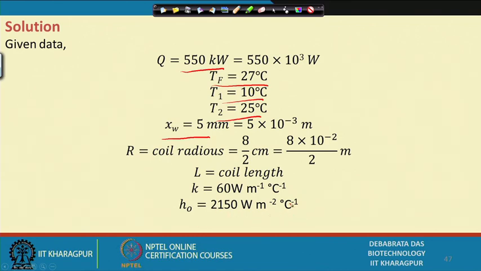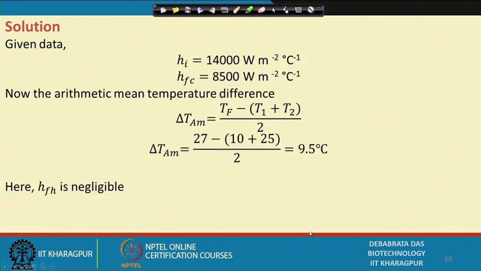So, we converted everything into SI units, and then we find out h_i and h_ic, which are also given in this problem. Though first we shall have to find out the arithmetic mean temperature difference, because we want to maintain a particular temperature.